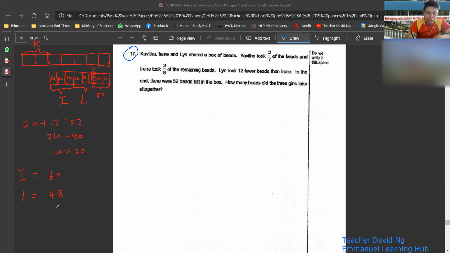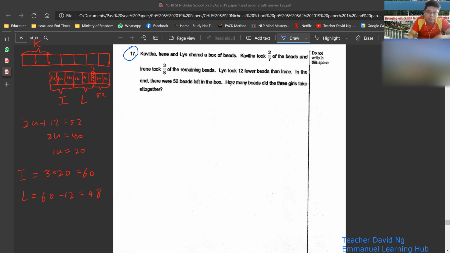Then Lynn is 48, 12 bits less than Irene, 60 minus 12. Of course, in the exam, don't attempt to write just 48, and don't attempt to write just 60. In the exam, you write like that.